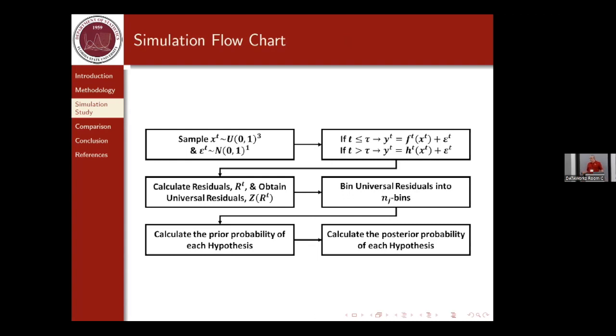Just as before, with the current response and all previous regression trees, we get a bunch of predictions, find the mean of those predictions, calculate the residuals, and then we can use that with the CDF we got from the historical profiles and get the universal residuals. We're then going to bin those universal residuals, sample from the multinomial and the Dirichlet multinomial, calculate all the prior hypotheses, and then we'll be able to calculate the posterior probabilities for the T+1 hypotheses.